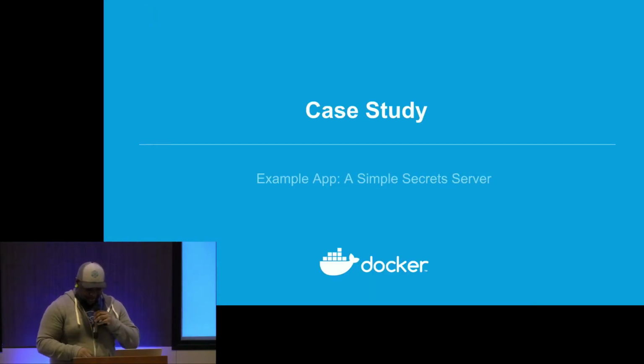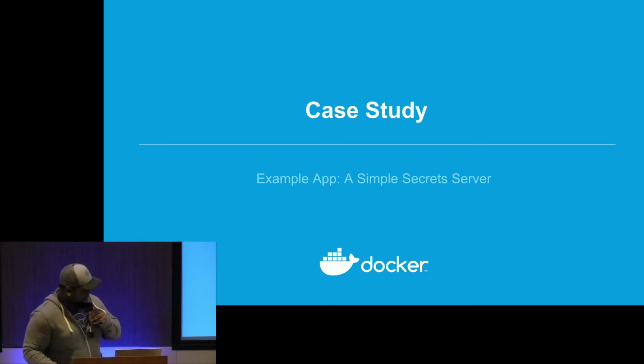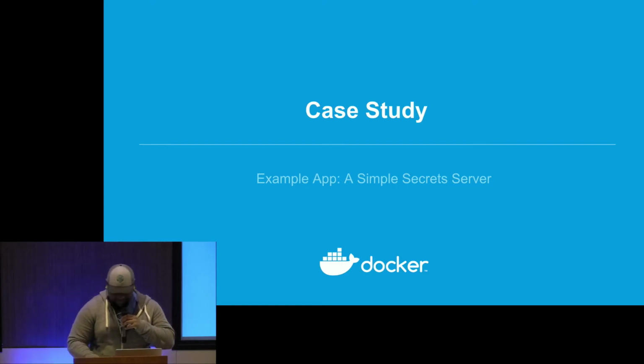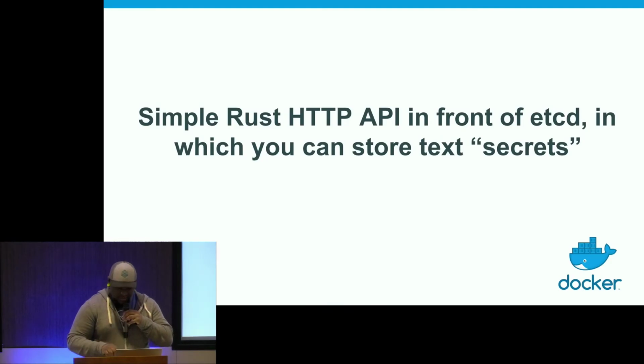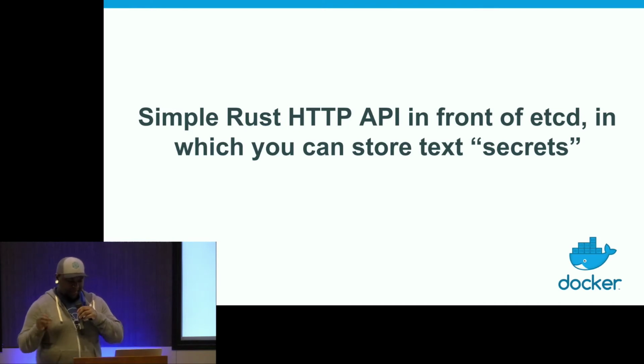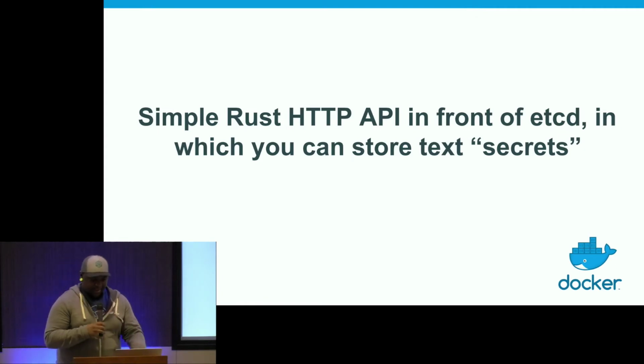And so this is a demo case study, and this is where the fun happens, because I have code to show you guys. We have a simple application that I'm going to use to demonstrate a lot of these things. It's a very simple HTTP API that sits in front of etcd, which is a key value store, in which you can store text secrets.